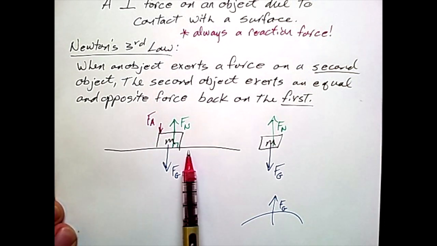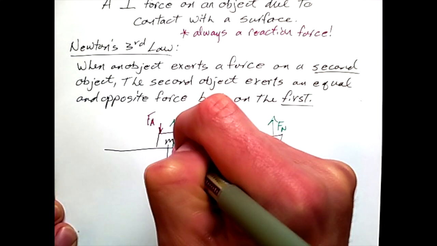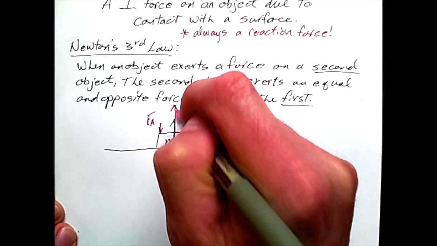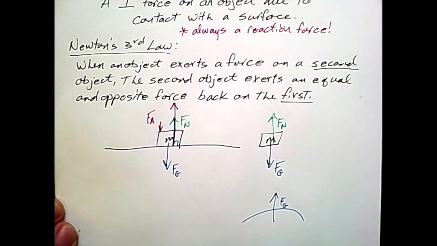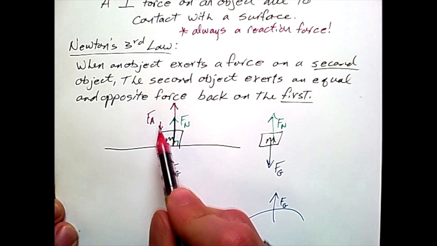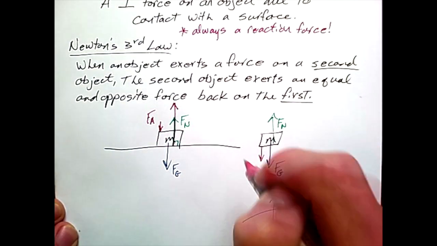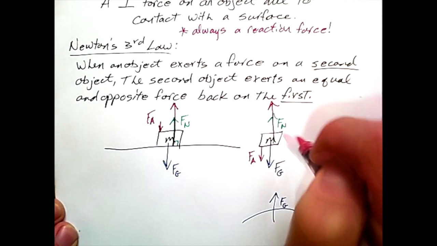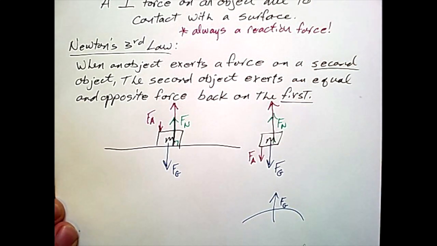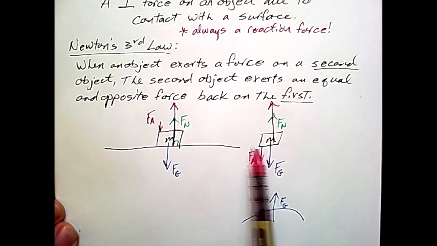And if the ground is to support that, then F of N must increase. And so in an analysis like that, we see that F of N ends up being a larger force acting upward as a result of pushing down on the mass, right? And so we would have an F applied acting down and a larger F of N acting upward. The key takeaway there is that F of n is variable and is solely dependent on touching the surface.